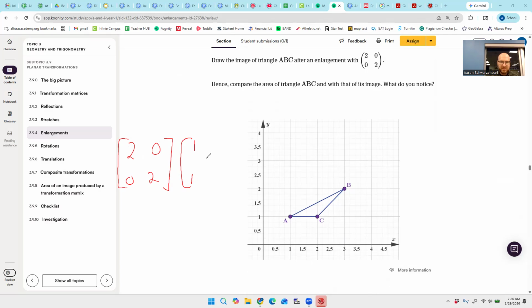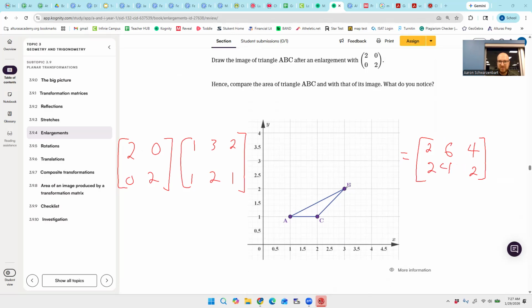A is (1, 1), B is (3, 2), C is (2, 1). 2 times 1 is 2 plus 0 times 1, 0 times 2 is 2, 2. 2 times 3 is 6 plus 0 times 2 is 6, 4. The nice part about these zeros is I'm really only having to multiply one of them when I do this.